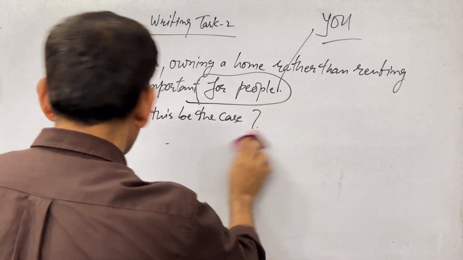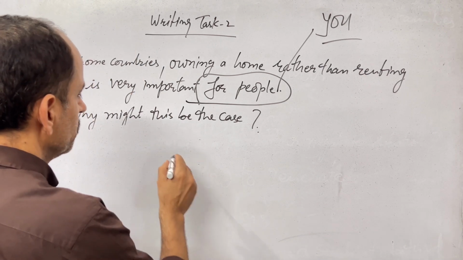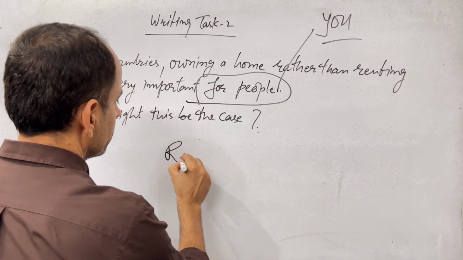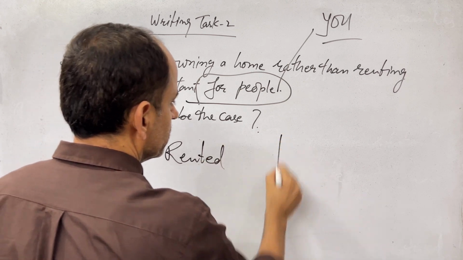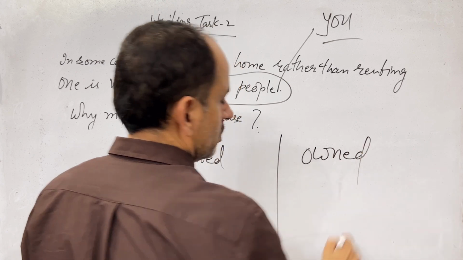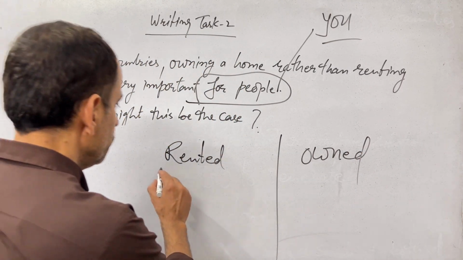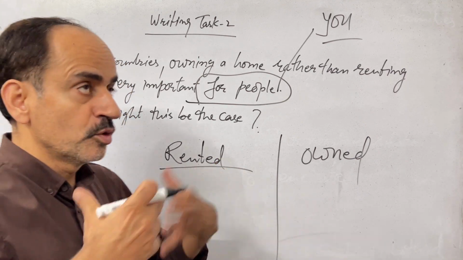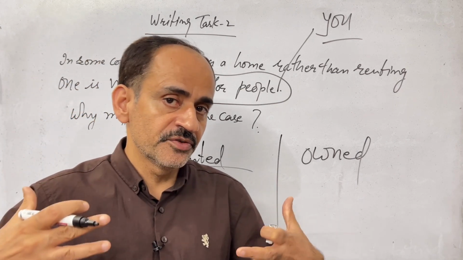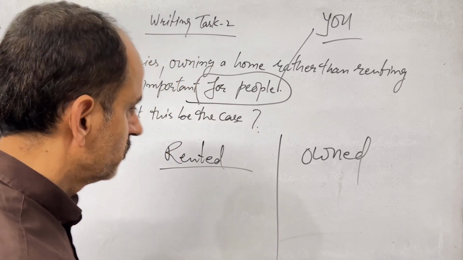So first, what you need to do, so at the exam time, take a rough page, which is provided over there. On the one side rented and other side owned. Okay, draw these two columns there. So if you are living in a rented house, suppose I have to live in a rented house, then what kind of disadvantages would be there to me, or what kind of advantages would there be?